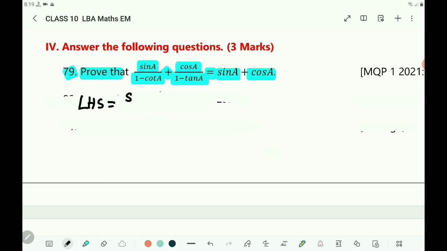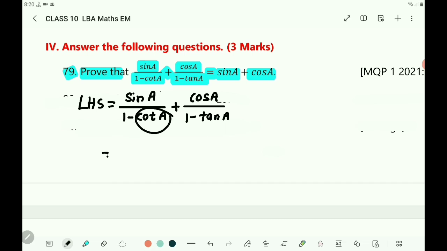LHS equals sin A by 1 minus cot A plus cos A by 1 minus tan A equals, in the first step, express cot in terms of cos by sin and tan in terms of sin by cos.